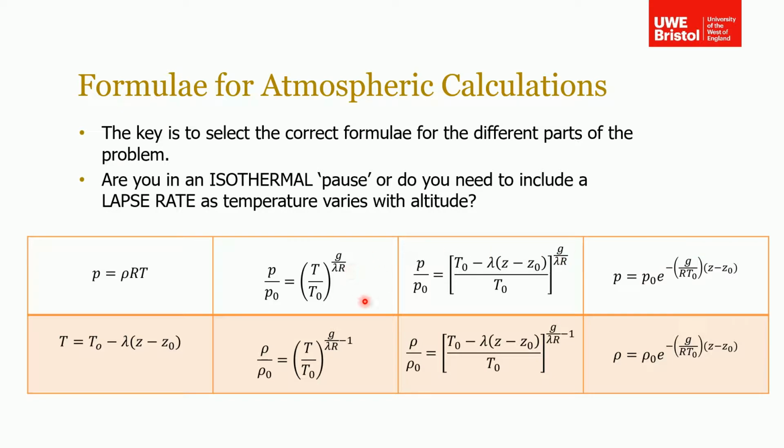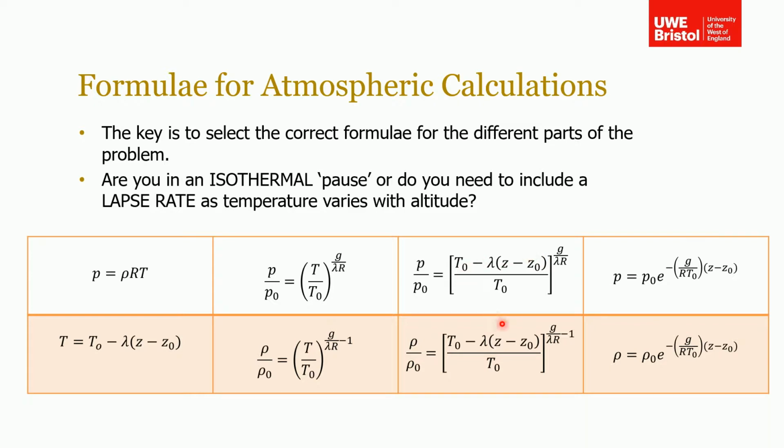If we're in a constant lapse rate layer and we know what the temperature is, then we can use these two expressions, because we're given the temperature, and also the lapse rate is in there, so we can work it out. And then finally, if we're in a constant lapse rate layer, but we don't know what the temperature is at the altitude that we're interested in, then we can work it out from the lapse rate.